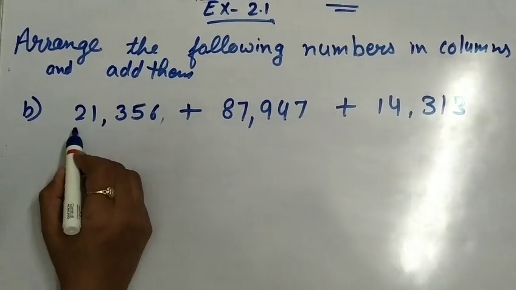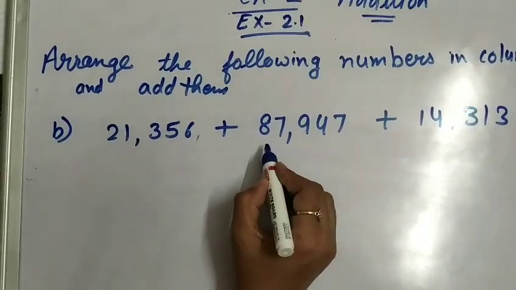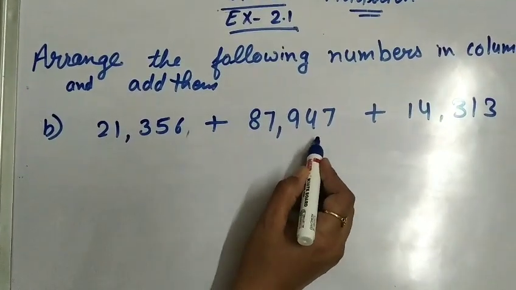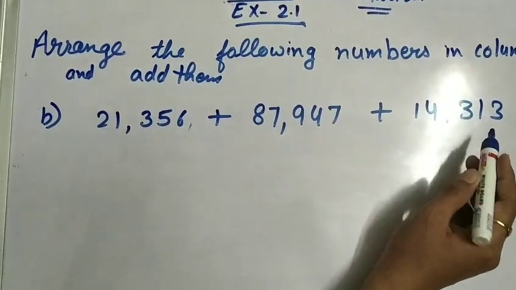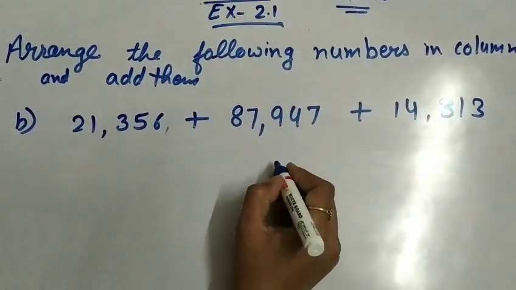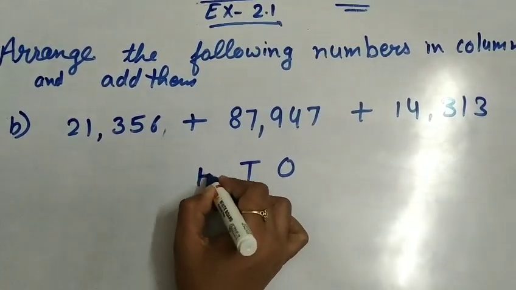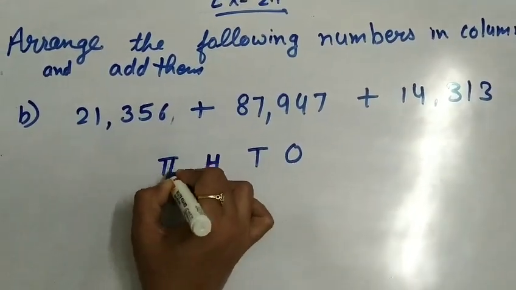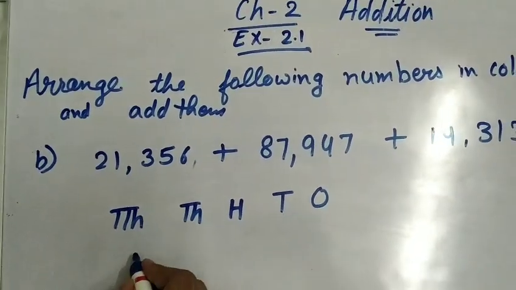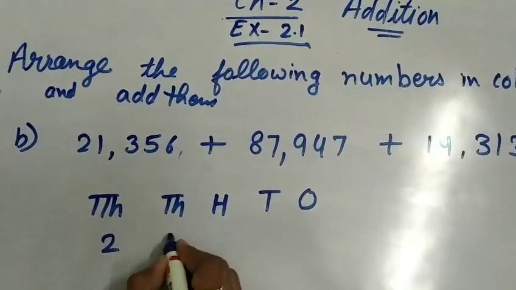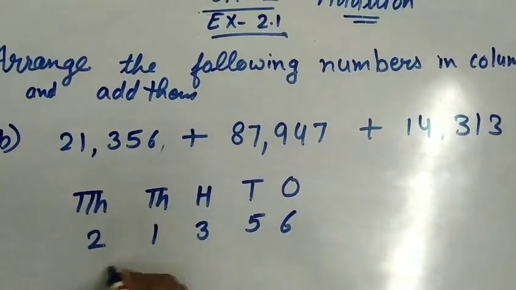Now let's see the B part. The numbers are 21,356, next 87,947, next 14,313. Our first step, yes, we have to arrange the numbers in the place value chart. The first number is 21,356.